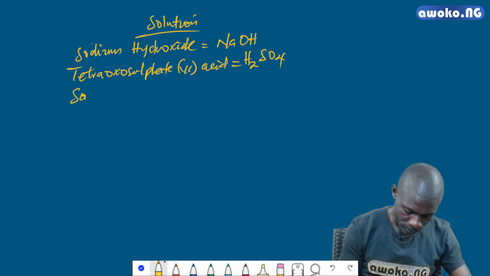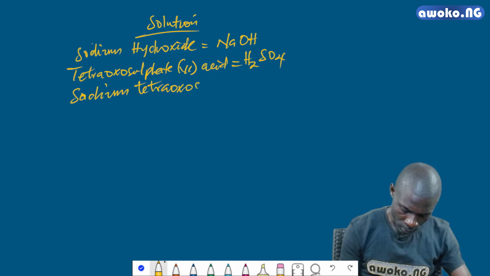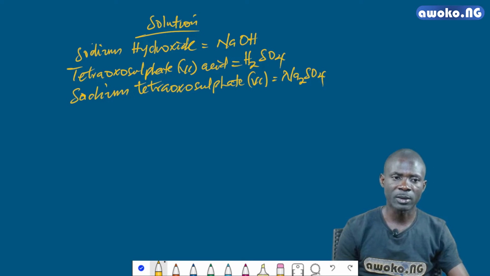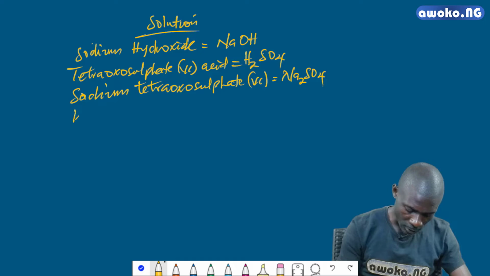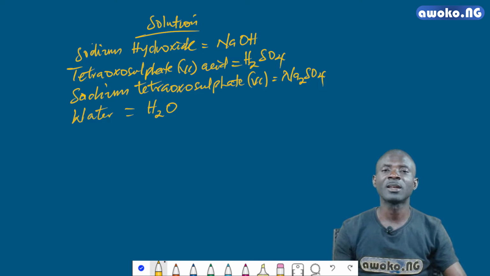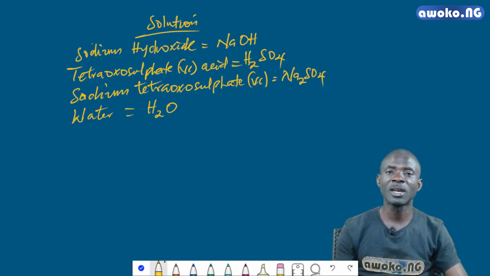We have sodium tetraoxosulfate 6, which is Na2SO4 as the correct formula. Then we have water as part of the product. So water is H2O. So these are the reactants and the product. The next thing we do is to write the chemical equation.